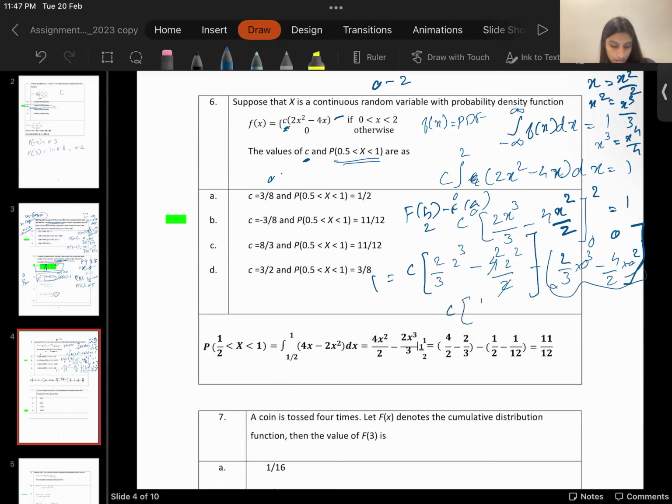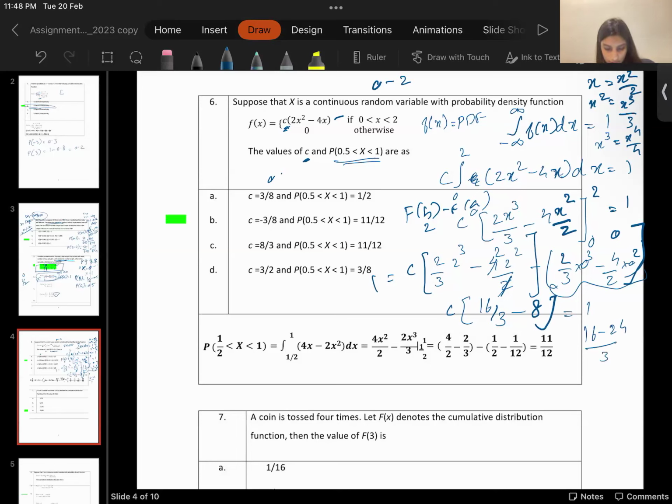So c into 16 by 3 minus 2 twos are 4, 4 twos are 8, is equal to 1. So solving this, 8 threes are 24. So you get 16 minus 24 divided by 3.